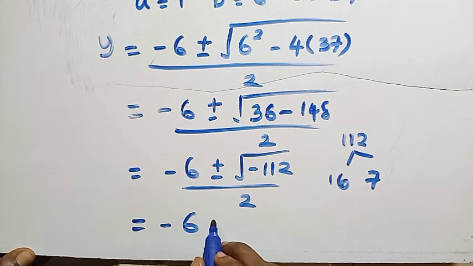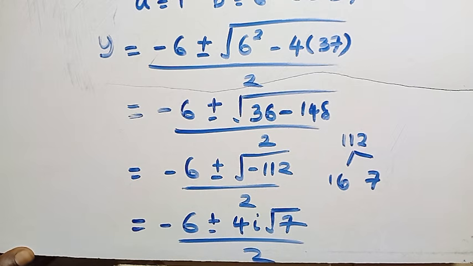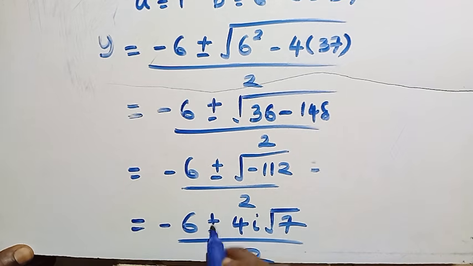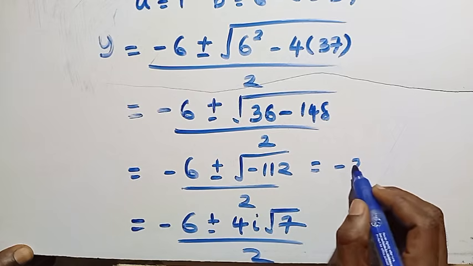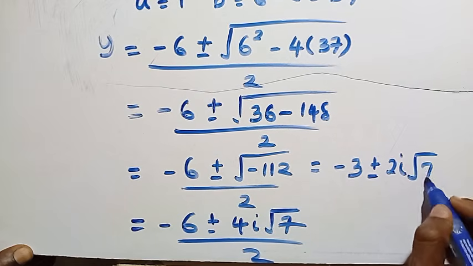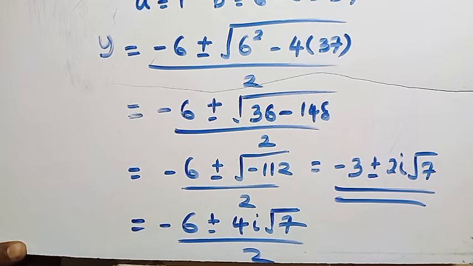So we have minus 6 plus or minus 4i root 7, divided by 2. And the final answer is given as, 2 can go into both of these, minus 3 plus or minus 2i square root of 7. These are 2 more answers to the given question.